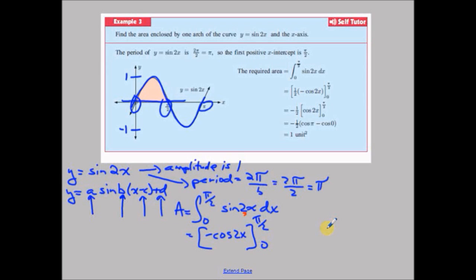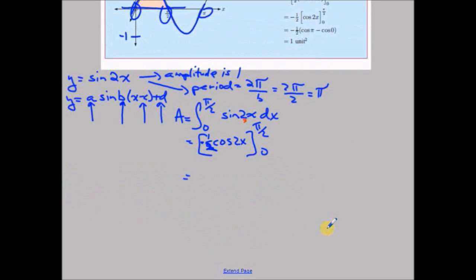So I'll put 1 over a here and move my negative sign further out. Oh, not 1 over a, 1 over 2, because a is 2 in this case. All right, so I'll just rewrite this so we can see it.